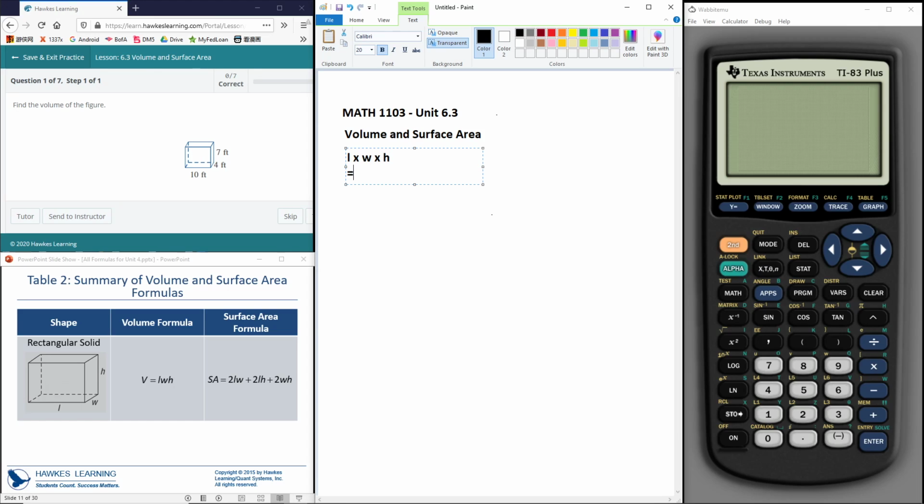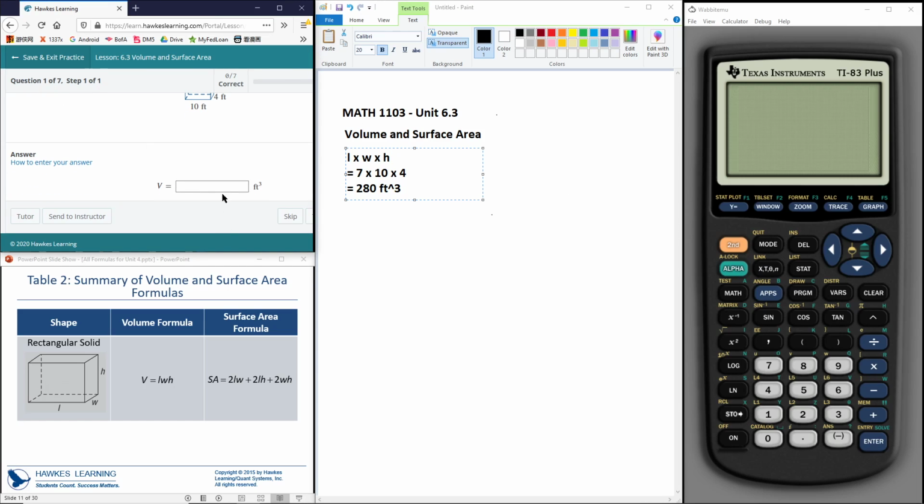That's not too bad. That's just equal to 7 times 10 times 4, so that should be equal to 280. And remember, it's cubic feet, to the third power.